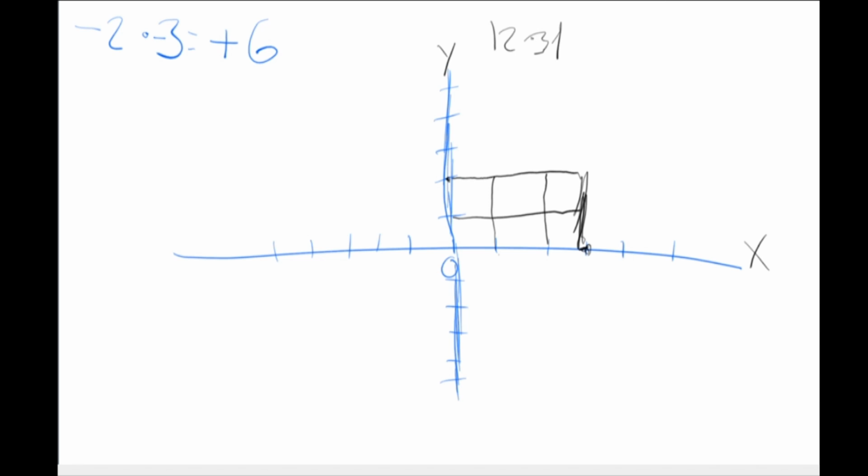So we can represent this multiplication as two components. This is going to be the change in x, the delta x from the origin. This is going to be the change in y, the delta y from the origin. So the area, which is the same thing as the absolute value of delta x, delta y.